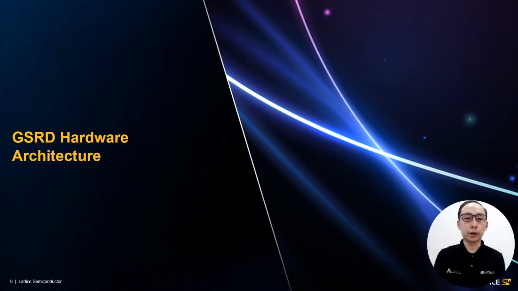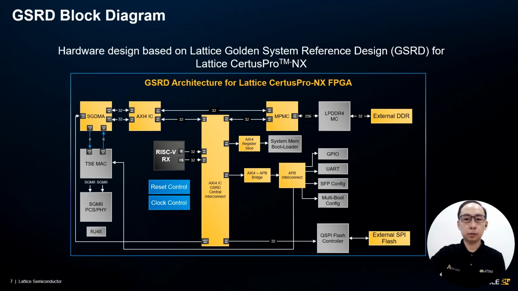Now let us look at the hardware architecture of the Lattice Golden System Reference Design. This is the block diagram for the Lattice GSRD on the Certus-Pro NX FPGA. In the center of the block diagram is the RISC-V RX processor.